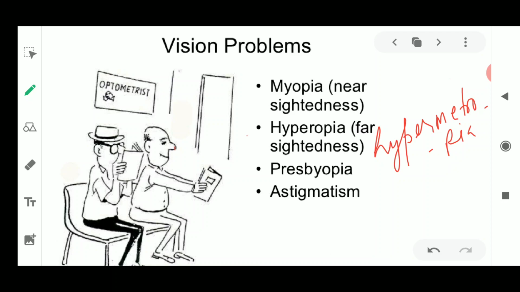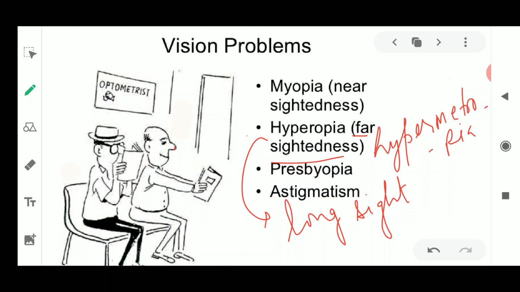It is also known as far-sightedness, or long-sightedness. Why is this long-sightedness? Because you are able to see the things which are present at a larger distance. So this is all about myopia and hypermetropia.